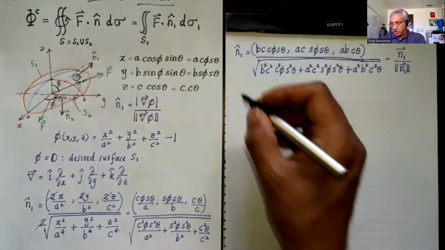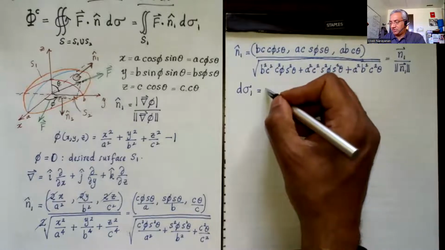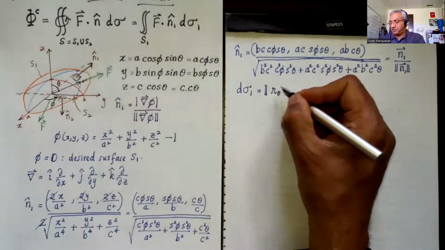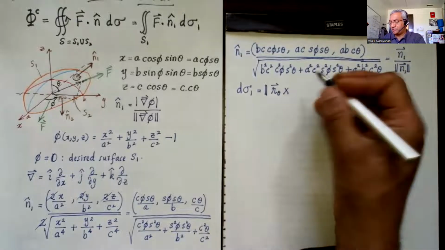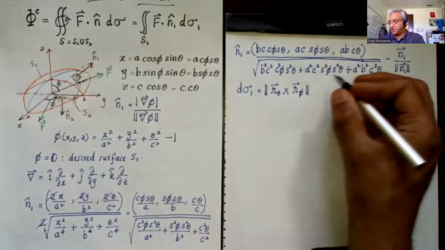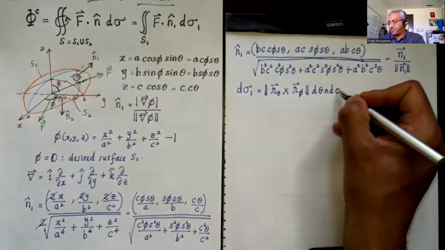Remembering your multivariable calculus, that is given as r theta, I'll explain what that is, cross r phi, d theta wedge d phi.